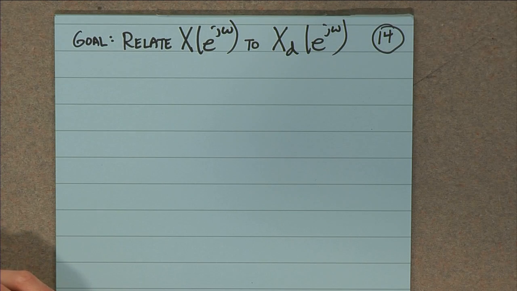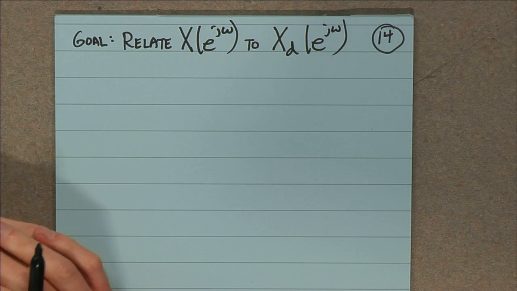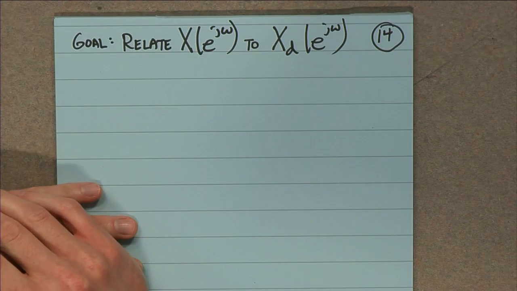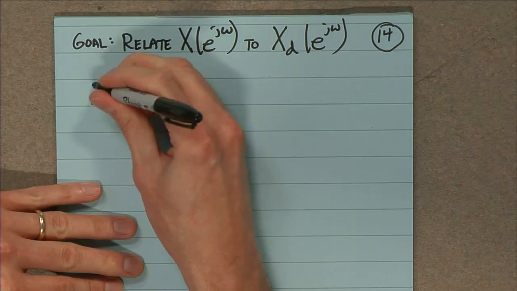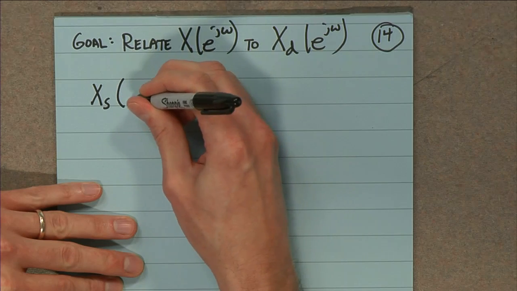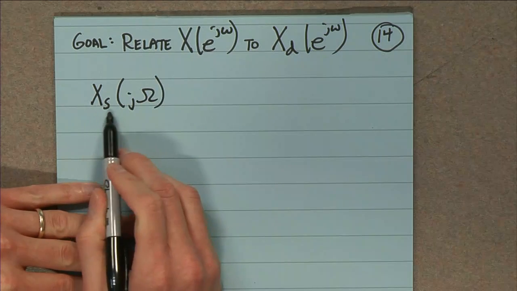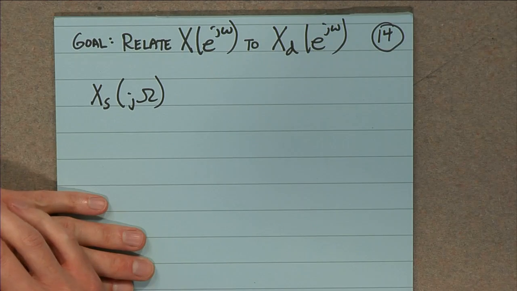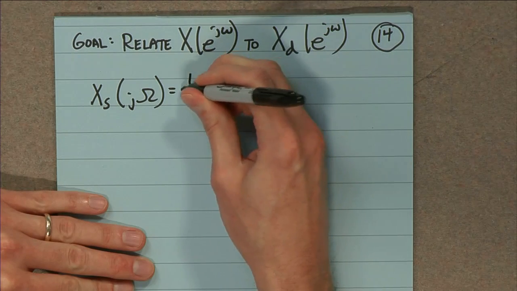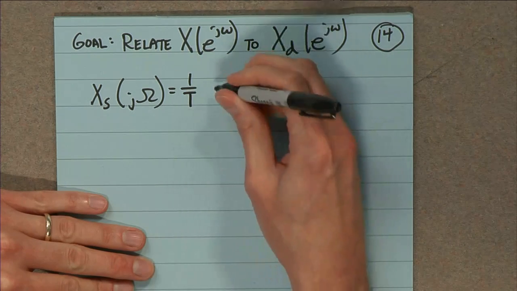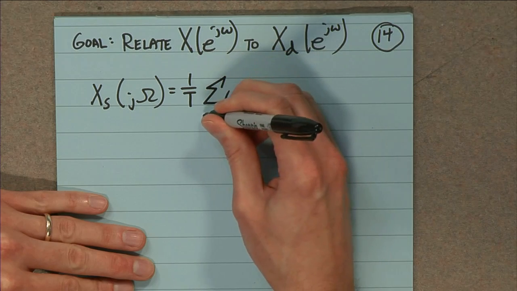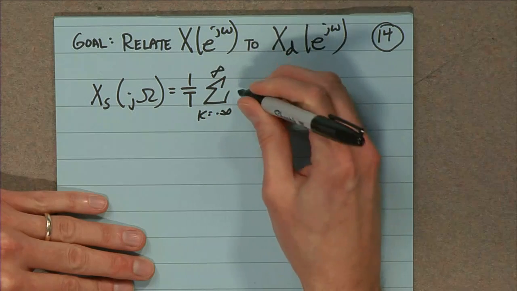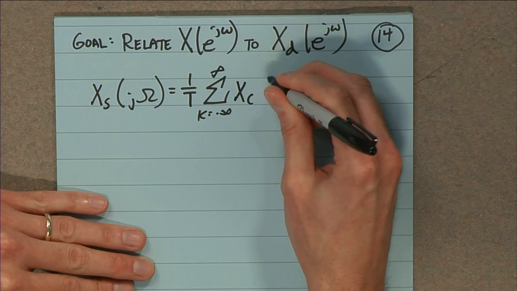Maybe the easiest way to get started is to recall where we came from. As a prologue to this, remember that when we sampled things and we were staying in continuous time, so if we sampled some signal with a delta function, we ended up with the shifted copies. I'm rehashing this because it turns out we need this to show the relationship.